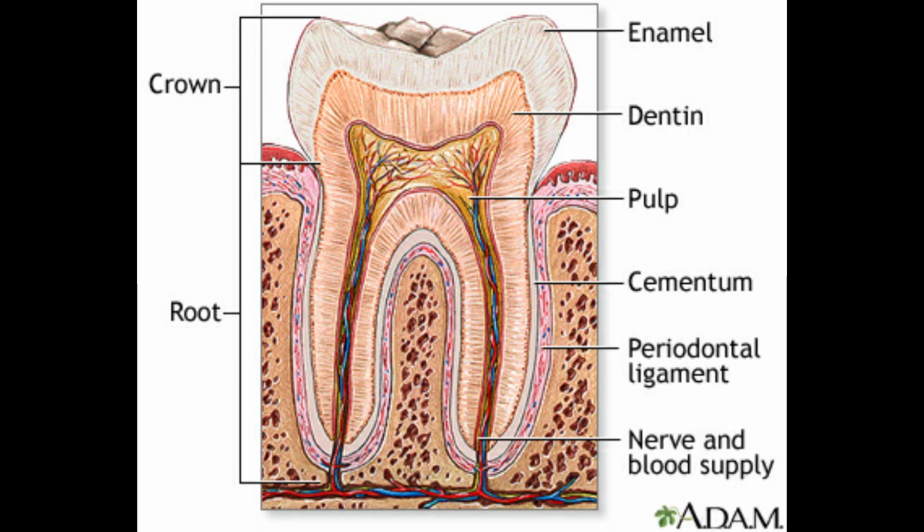The pulp is the tissue responsible for the sensory function of your tooth. Supporting your tooth is the periodontal ligament, which attaches your tooth to the bone.